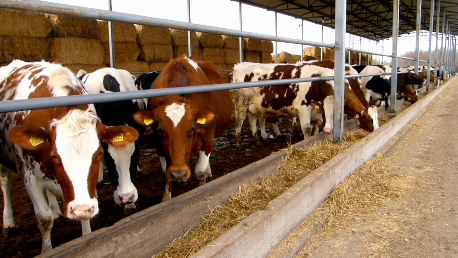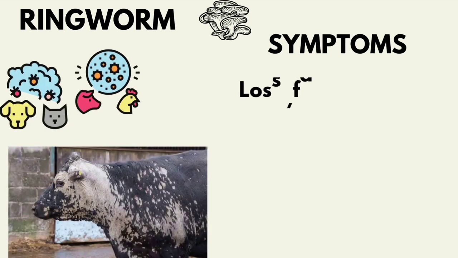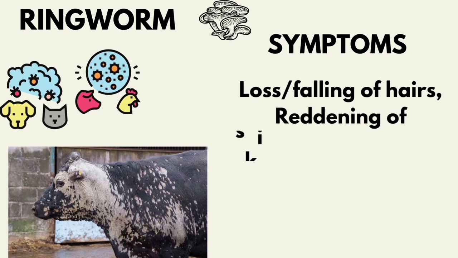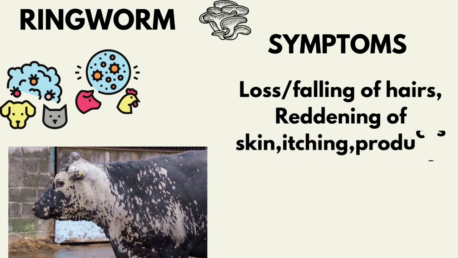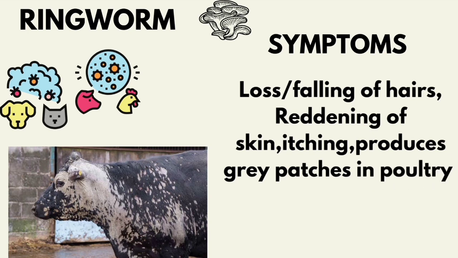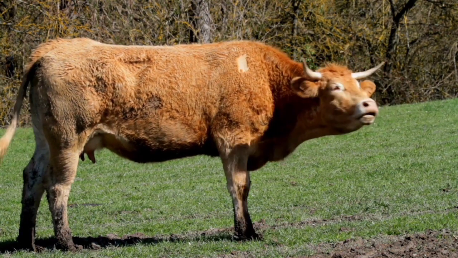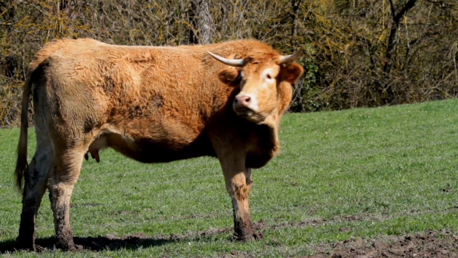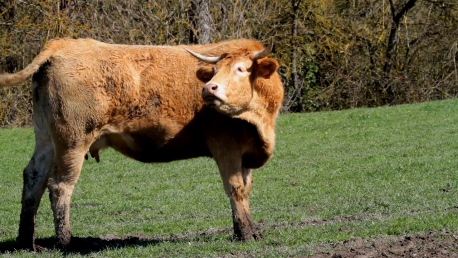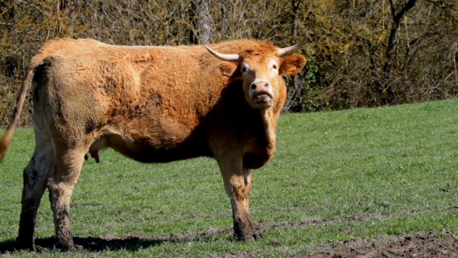The next disease we are going to be looking at is ringworm, and it's a fungal disease that affects all animals. The symptoms include loss or falling of hairs, reddening of the skin, itching, and it produces grey patches in poultry. Now, the mode of transmission is that it is usually transmitted from infected animals to healthy ones through direct contact.